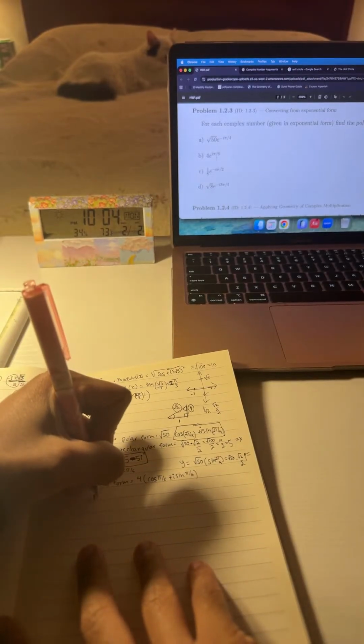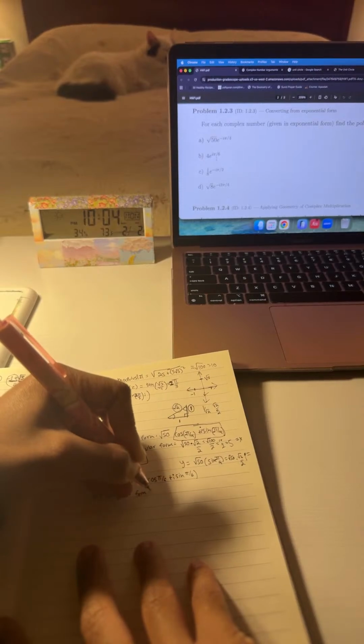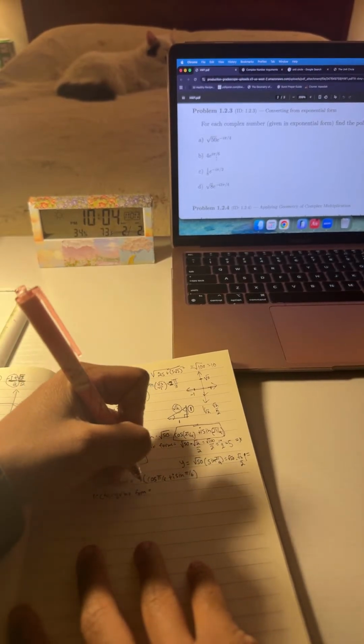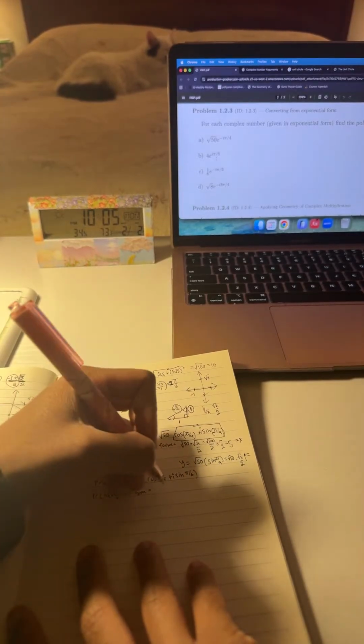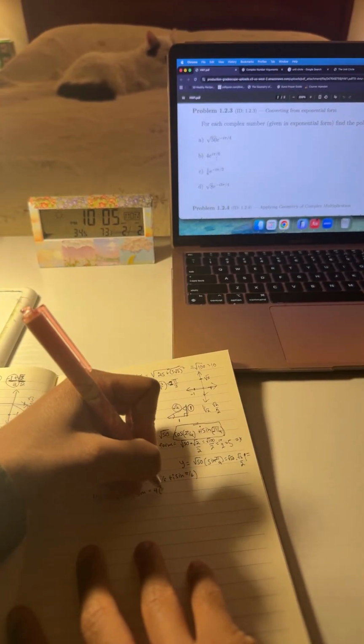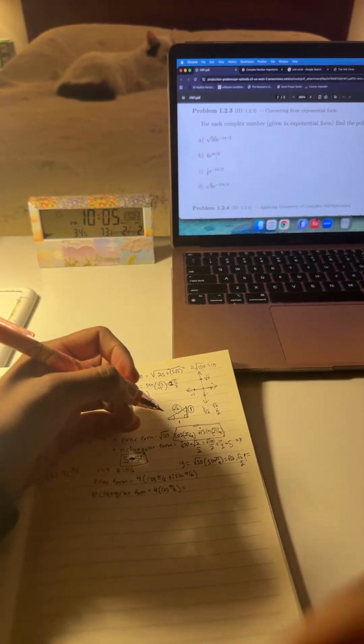So then the rectangular form equals r cosine theta plus r sine theta. So 4 times cosine of pi over 6 equals what?